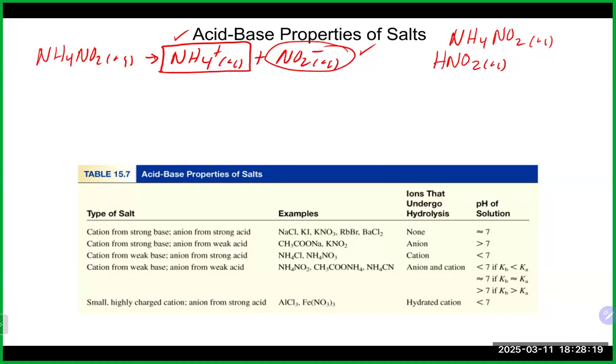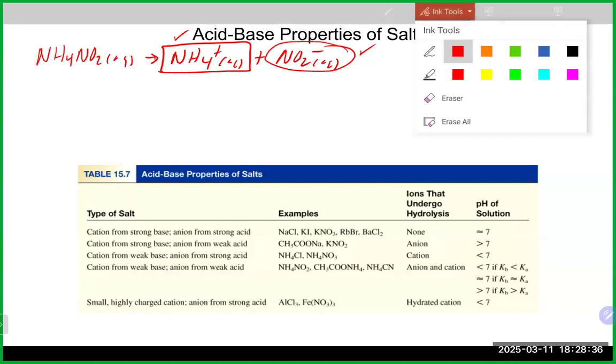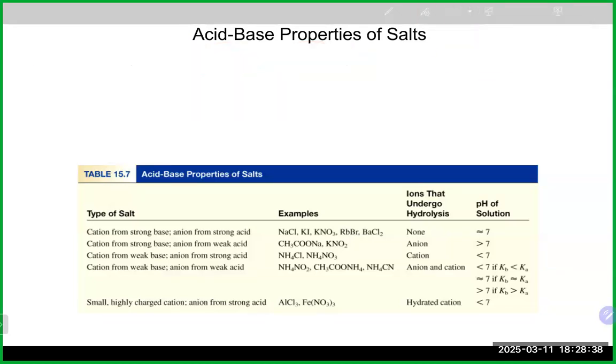So in a situation like this, if you find yourself with a salt where both will go through hydrolysis, what you want to do is compare the Ka value and the Kb value and see which one is larger. Whichever one is larger will pretty much be the calculation you should do.